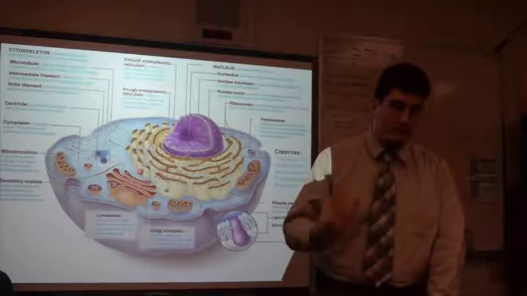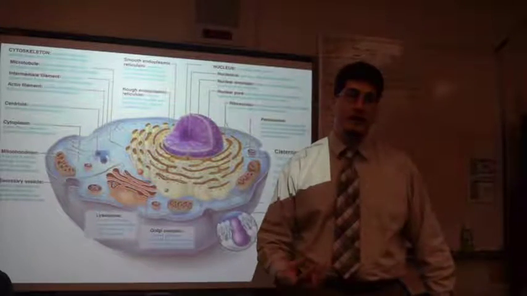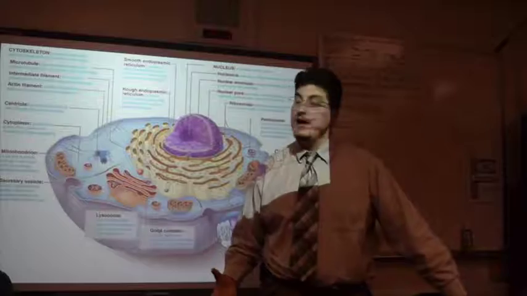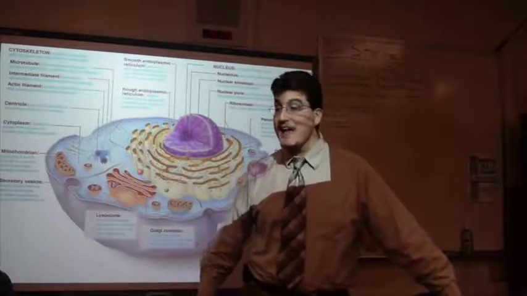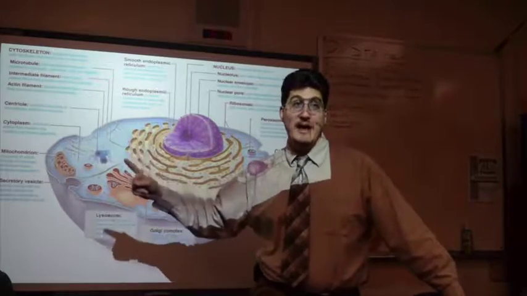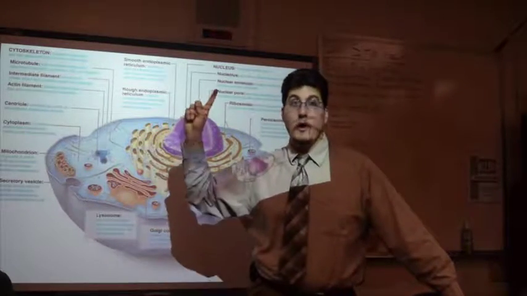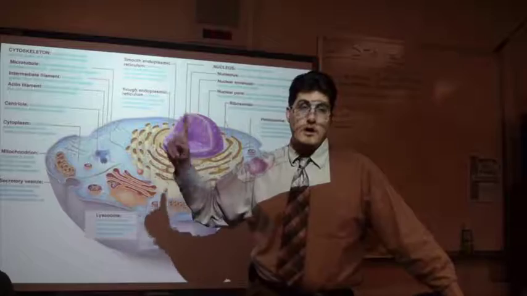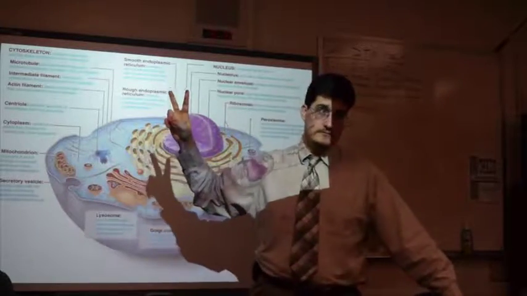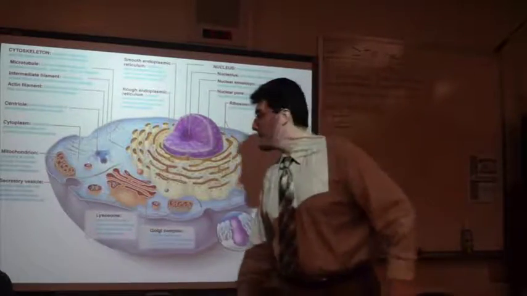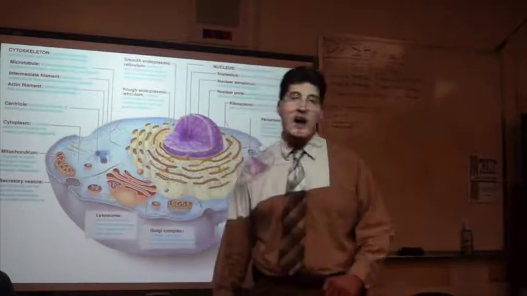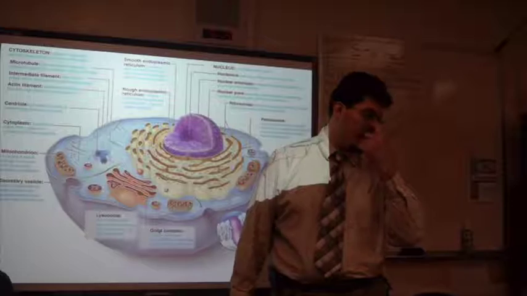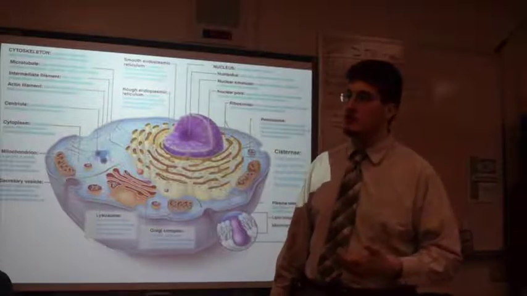Now, it is a double membrane bound organelle. Sometimes that's worth a point. It has intermembrane folds called cristae. That's actually 2 points. Intermembrane folds called cristae, wherein aerobic respiration and the oxidative electron transport chain occur.